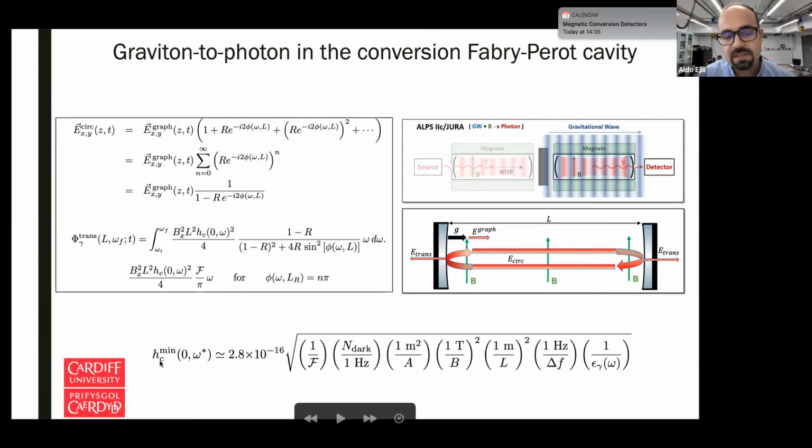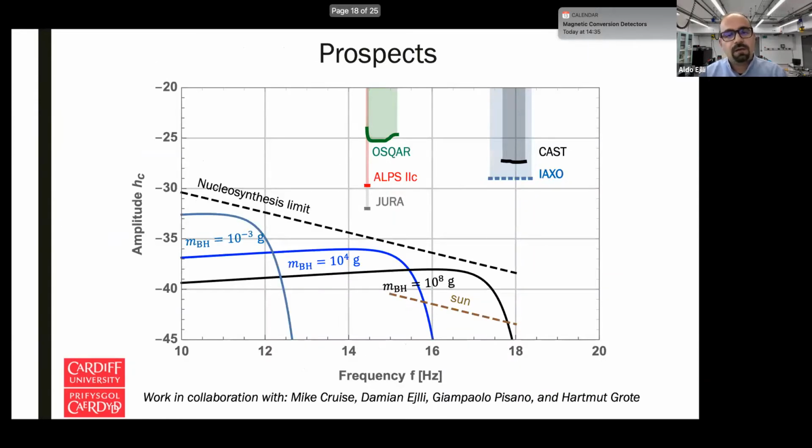And the minimum sensitivity in amplitude is inversely proportional to the square root of F, where F is the finesse of the cavity. So in principle, with a cavity we can better constrain the characteristic amplitude of the gravitational wave in that line. And the prospects for ALPS II and JURA and IAXO are shown by this picture here.